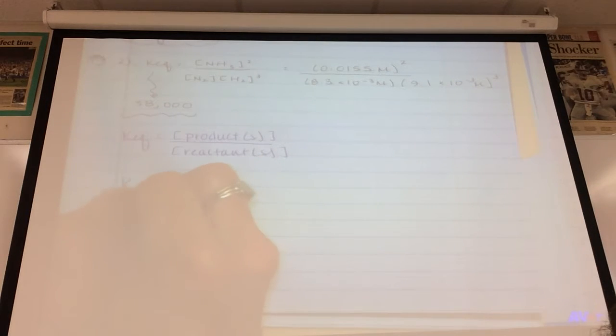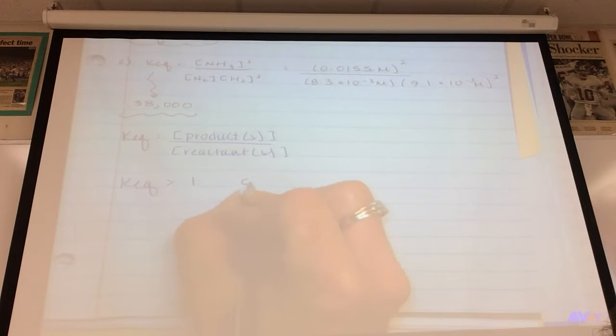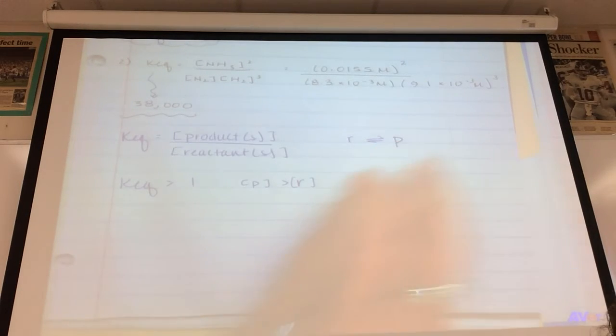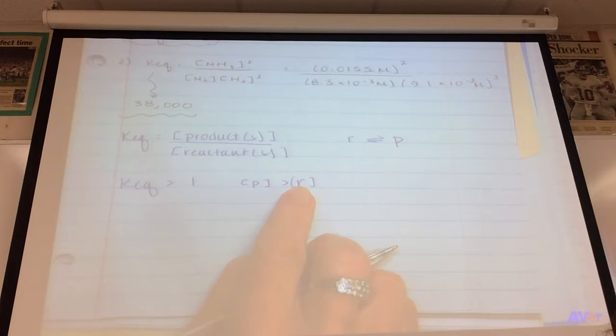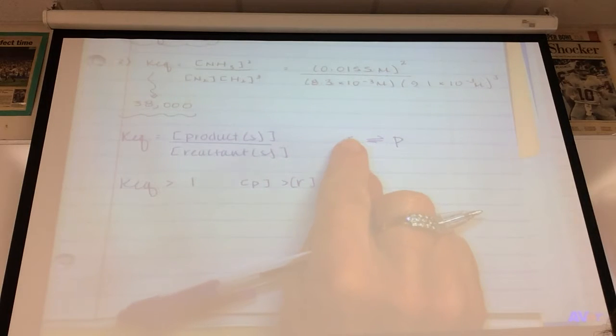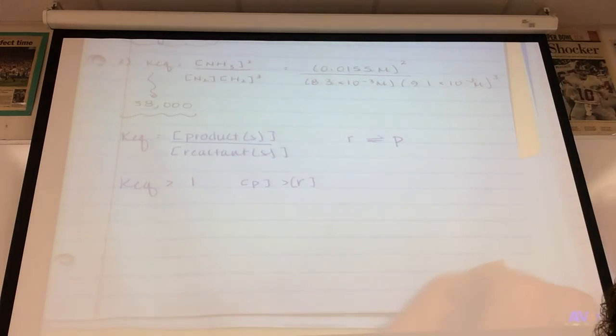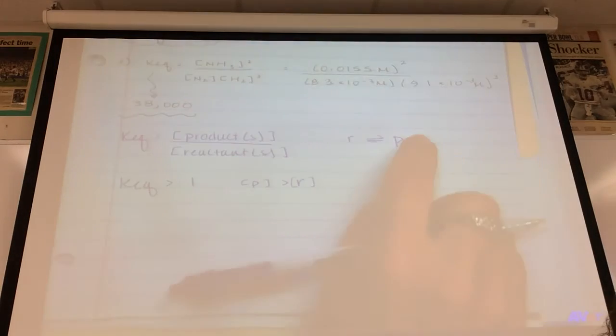Now, if KEQ is greater than 1, what has greater concentration, product or reactant? And if product concentration is greater than reactant concentration, would you say that the forward reaction is favored or the reverse? Forward, because that's how you'll make more.